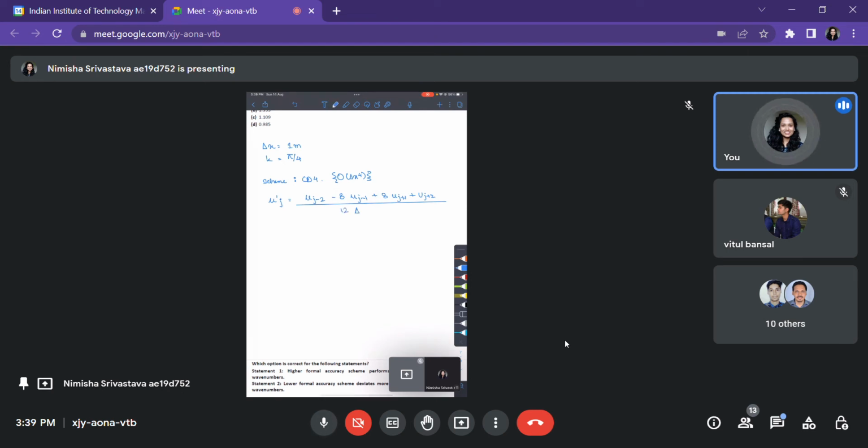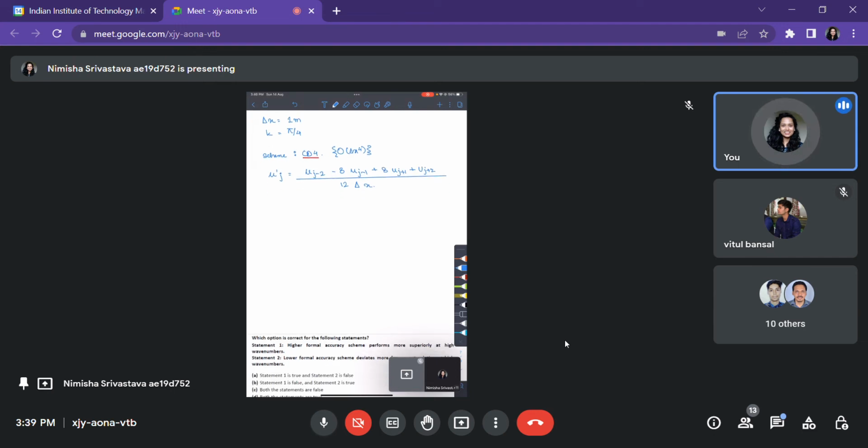So this is what my CD4 looks like. Okay, this is CD4. Let me just outline it for you. Scheme CD4. Okay. So our objective, and how we are going to get to the final modified wave number, is that we are going to put this in terms of u j, like u j minus 2, u j minus 1, etc. I'm going to try to resolve it and get a form of some constant C1 minus some constant C2 times u j.